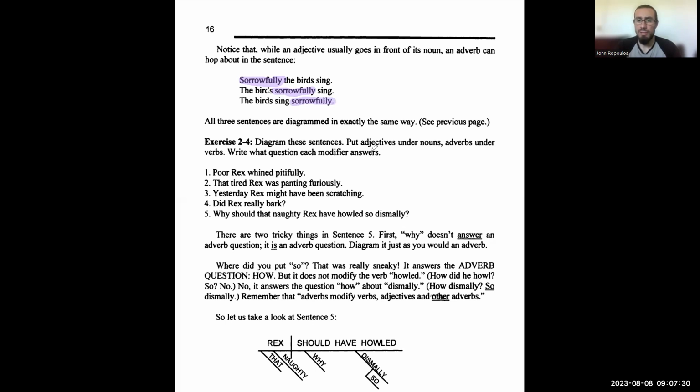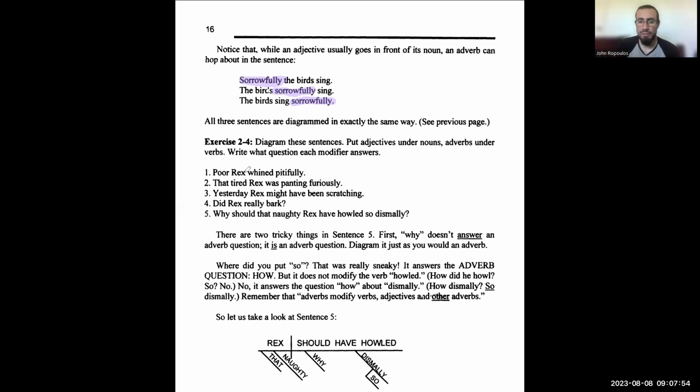So if we look at exercise 2-4, poor Rex whined pitifully. The first thing you do when you're diagramming sentences, the most important thing, is identify the pillars, the subject and the main verb. We used to just do the subject and predicate, but think of it now mostly as the main verb.